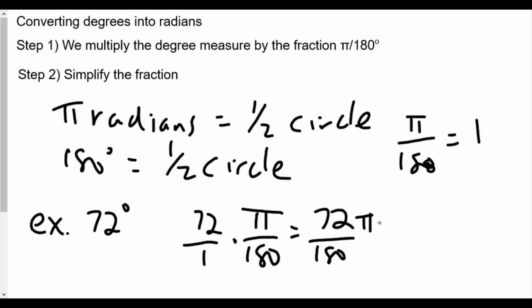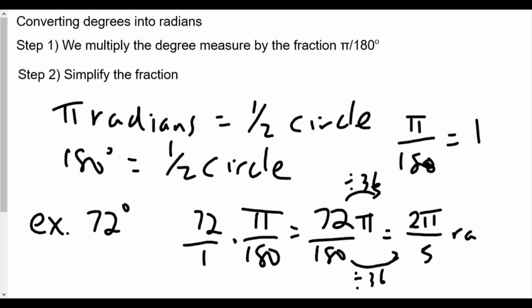The biggest number that divides into both of them is, I believe, 36. So if we divide by 36 and by 36, we get 2 pi over 5. So we convert the degree measure into 2 pi over 5 radians.